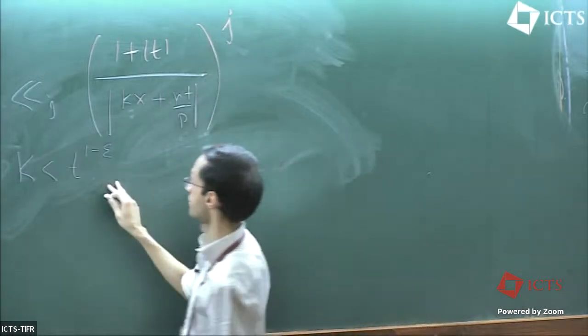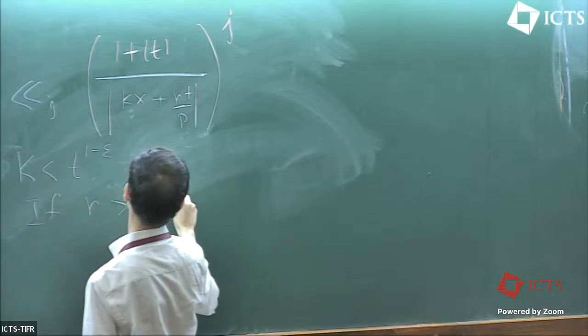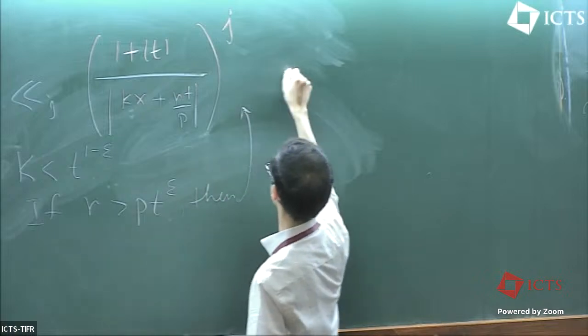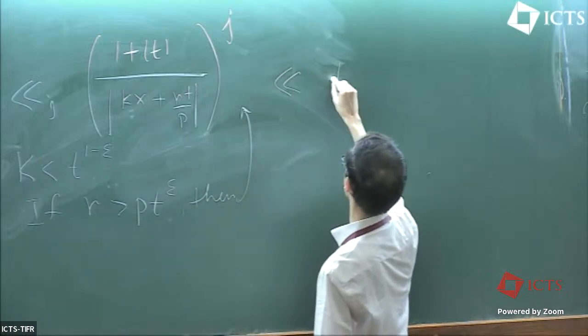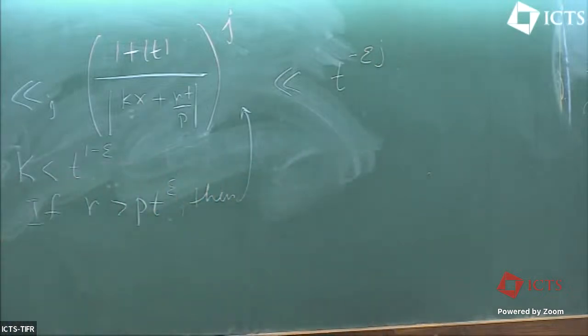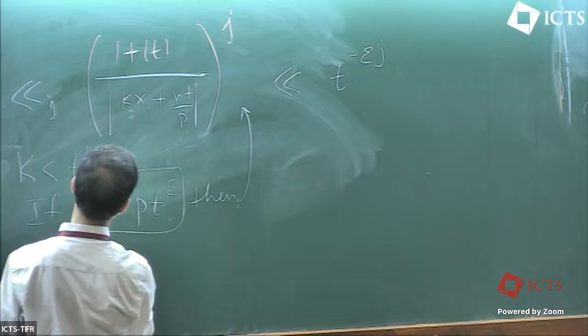So if r is bigger than, let's say, p times t to the epsilon, then this whole thing is going to be smaller than t to the negative epsilon j. And if you take j to be big, let's say 1000 or 10 million over epsilon, you have a huge polynomial saving. So that basically means that you get a saving if r is big.